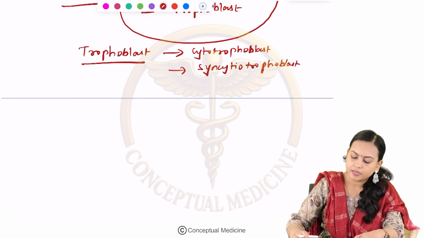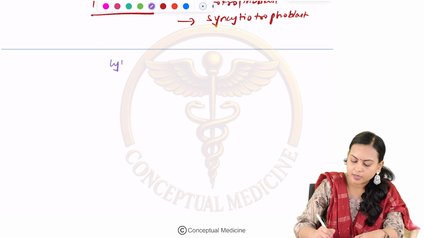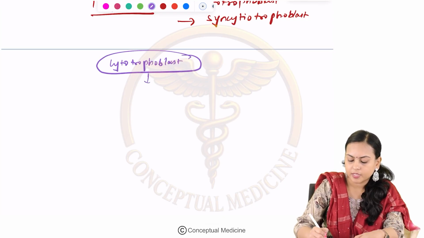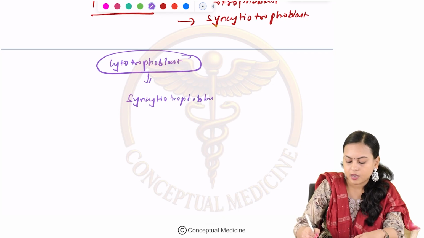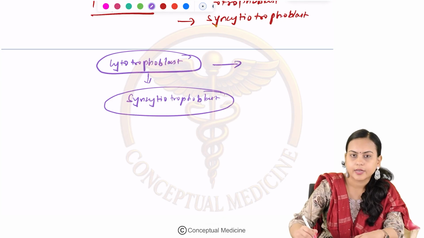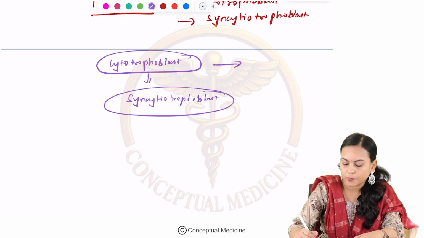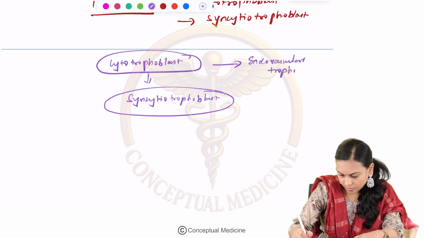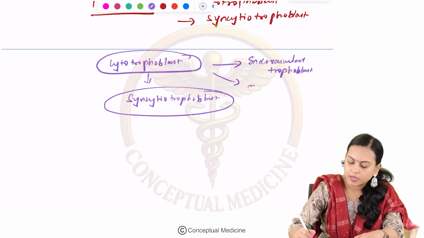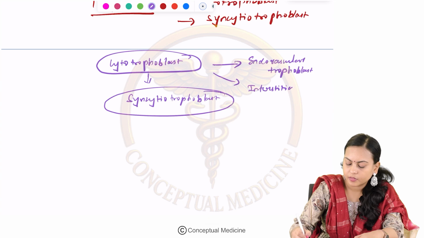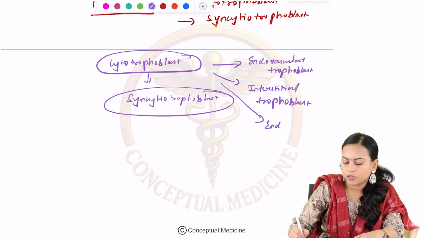But the primary cell is only the cytotrophoblast. From this only syncytiotrophoblast arises, and the cytotrophoblast also differentiates into endovascular trophoblast, interstitial trophoblast and endoglandular trophoblast.